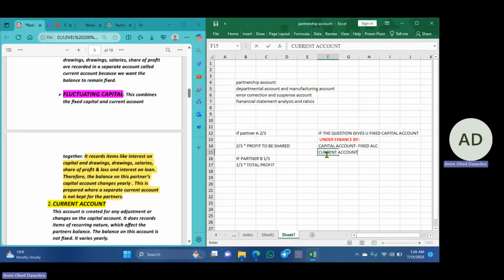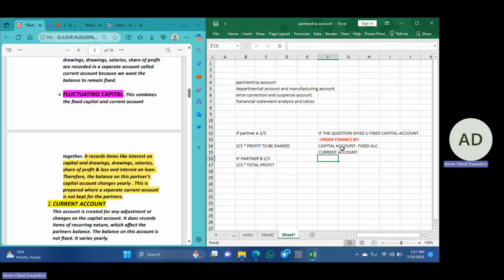The balance on that account will also be recorded for the two partners involved. So we record these items. This is how we are going to record the finance by aspect of the balance sheet. That is when the question gives you a fixed capital account.